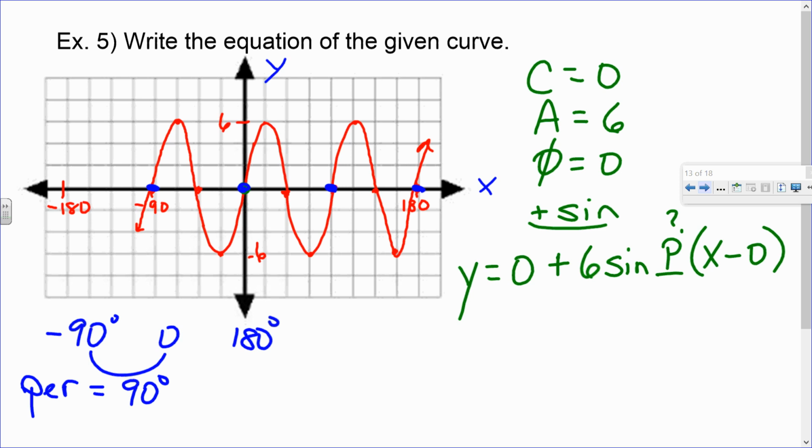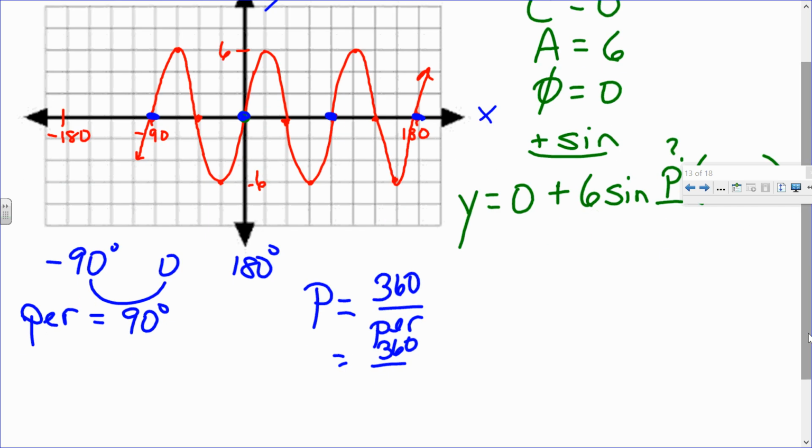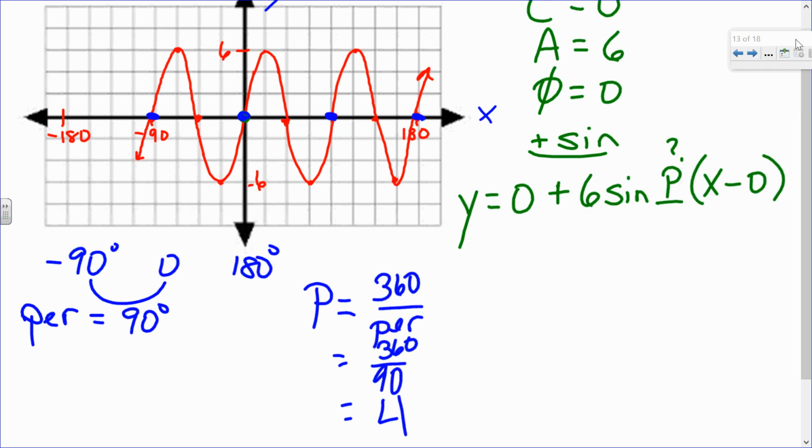Since it is in degrees, the p in the equation needs to be 360 divided by the period on the graph. So what is 360 divided by that 90 that we just figured out? 4. So I need to put a 4 in here where I had p. So my equation is y equals 6 sine 4x.